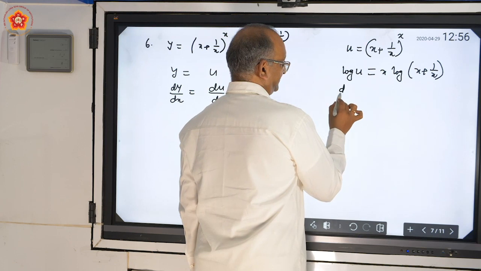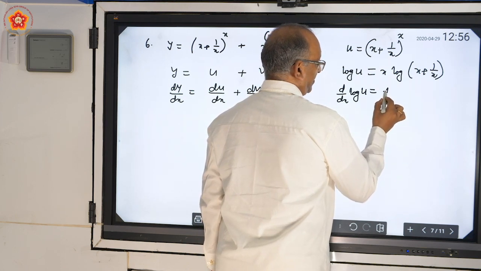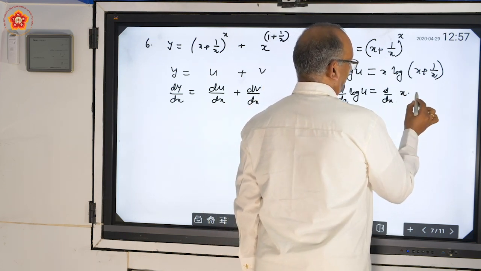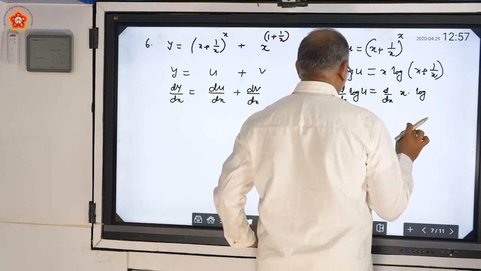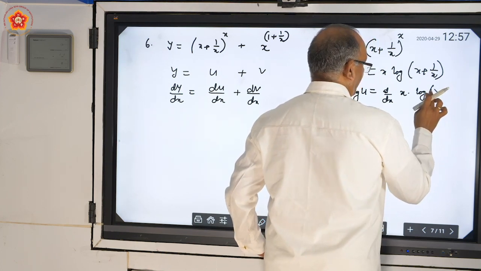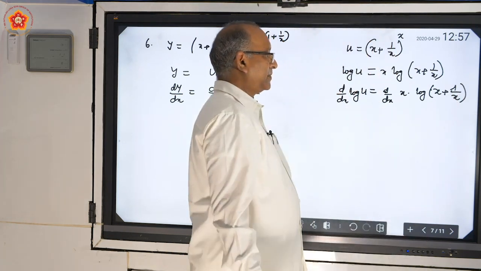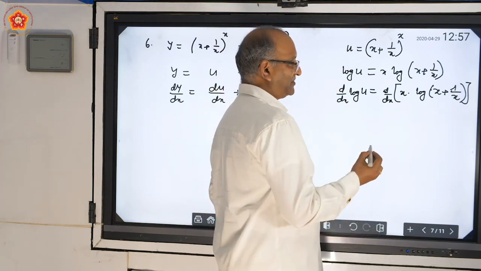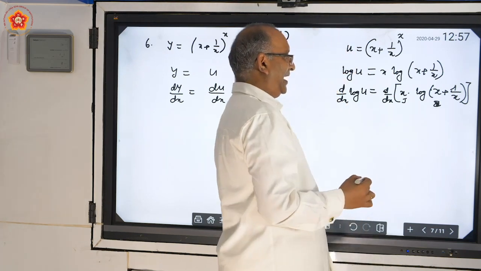Differentiate both sides. When we are differentiating the right hand side, we will be using the product formula, taking x as the first function and the whole other thing as the second function.